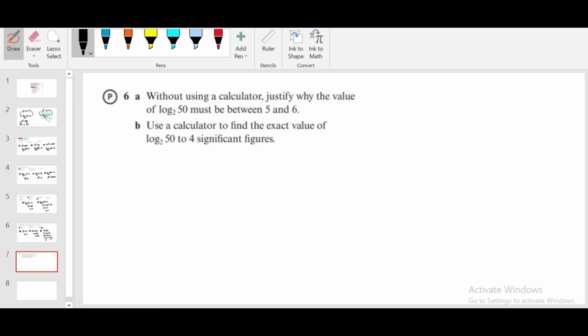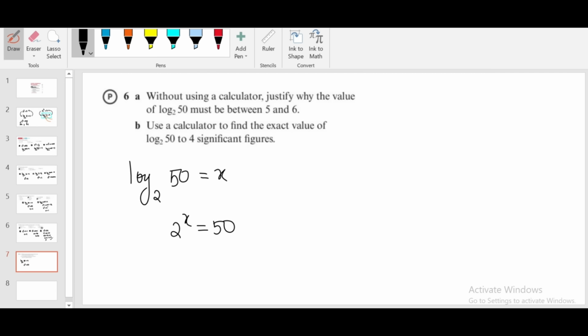Okay, let's move on to question number 6 now. Question number 6 says, without using calculator, justify why the value of log 50 to the base 2 must be between 5 and 6. Take it as x. Rewrite using power. 2 power x is 50, right?